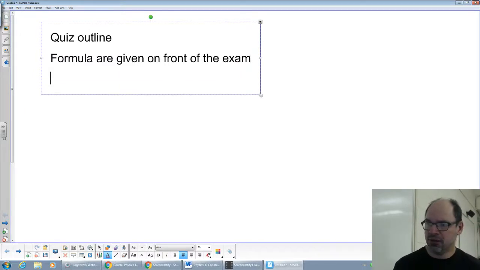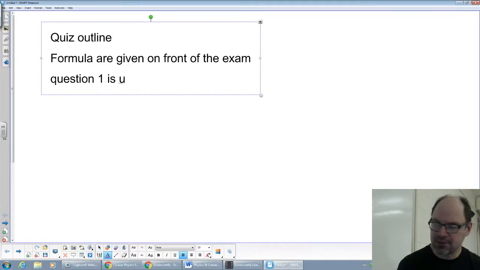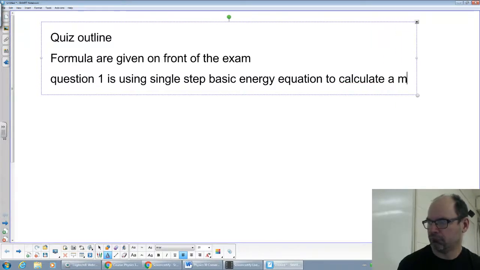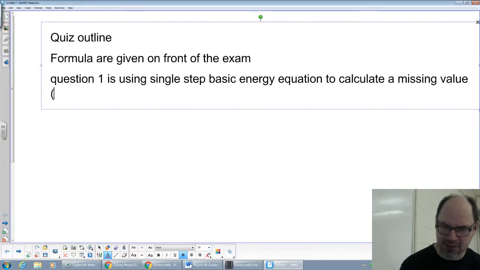Okay, and then question 1 is using single-step basic energy equations to calculate a missing value. And they're all single-step. In there, that's going to be 3 points, okay?